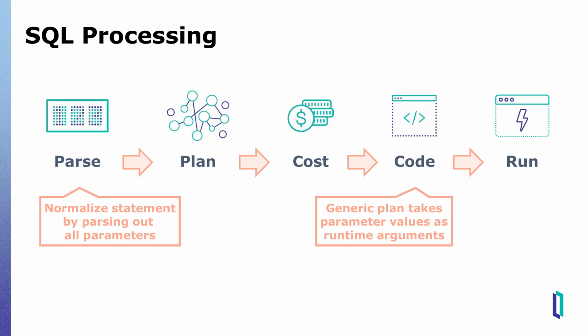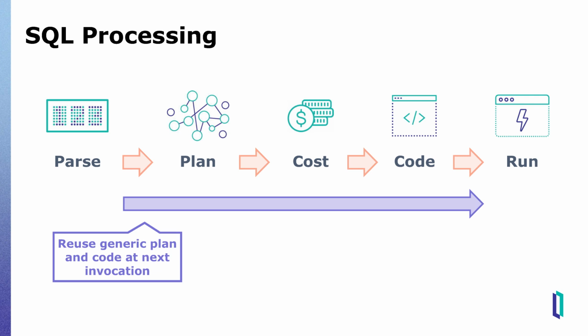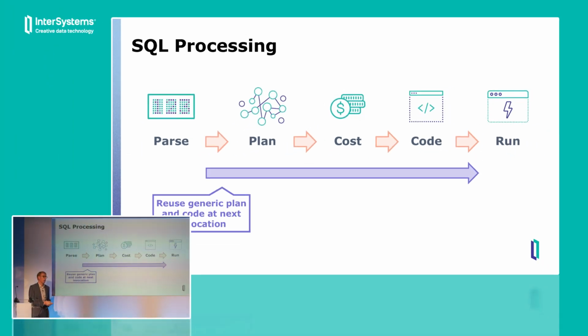You're just making that a parameter, and you parameterize your plan so that you can reuse it if you need to check not the record with ID 123 but with 124, because the plan is probably going to be the same.